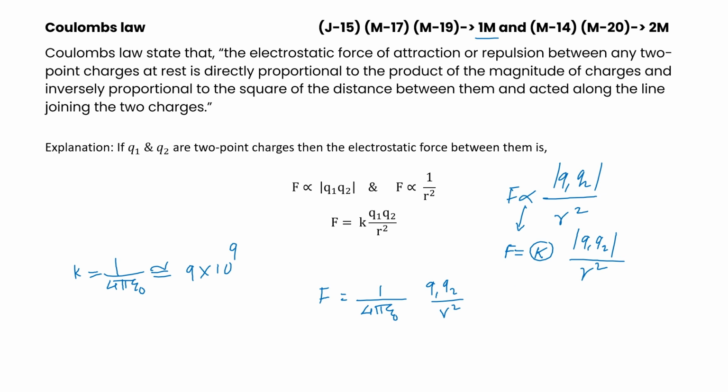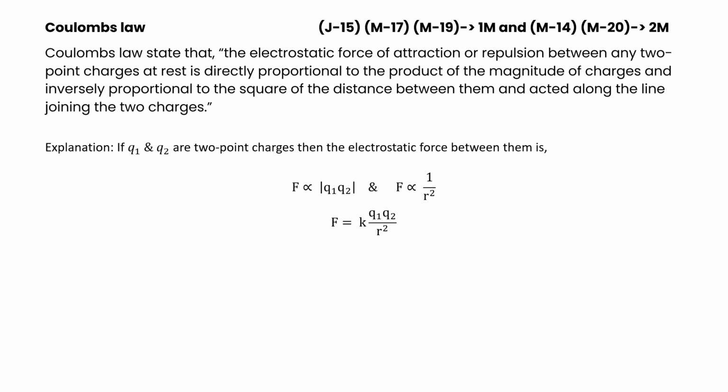Now k also comes with one term, which is epsilon, which also comes with a 0. Epsilon naught, where 0 represents a standard value. This epsilon has a standard value. What is epsilon first? Epsilon is permittivity. What do you mean by permittivity? The permittivity definition is a little different, but the meaning is the permission given by the medium to the electric charges.